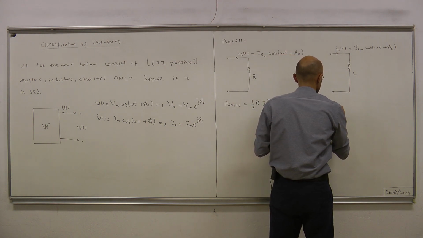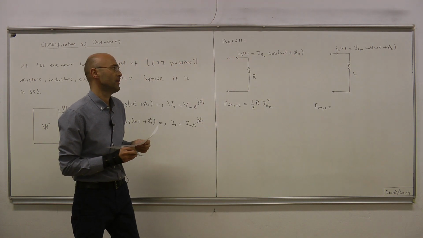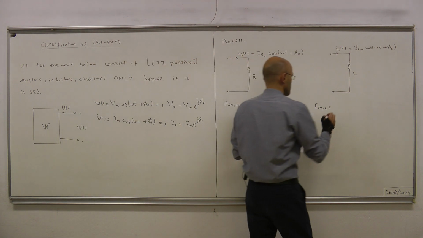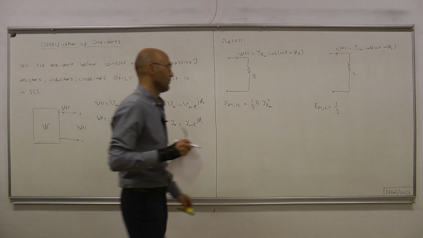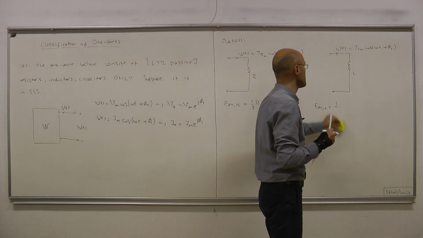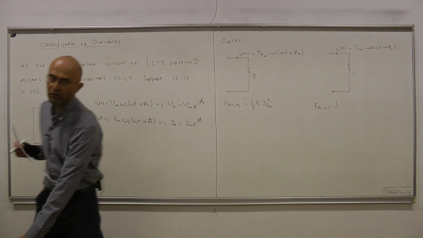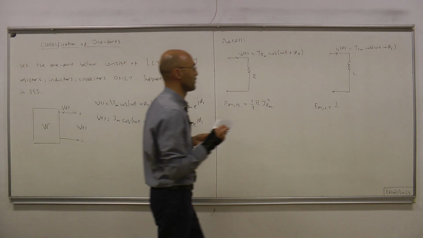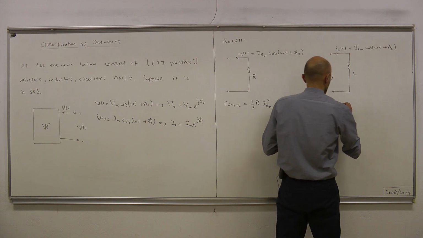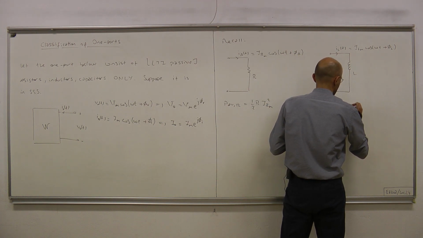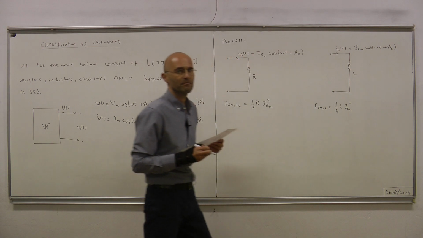We computed the average stored energy in this component, which was 1/2 times the inductance times the square of the effective value of the current, or in terms of the magnitude of the current, 1/4 L times ILM squared.